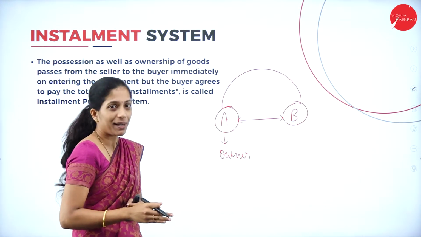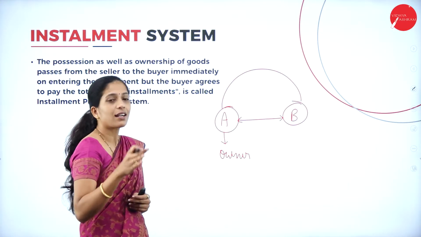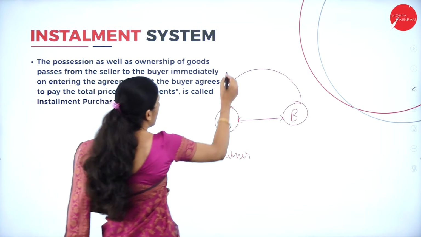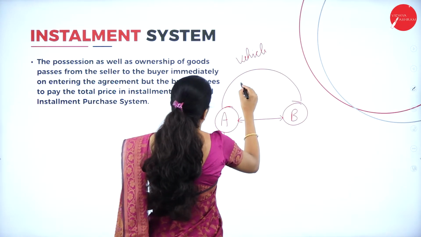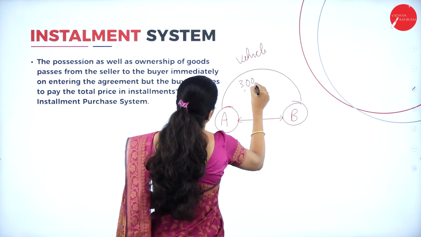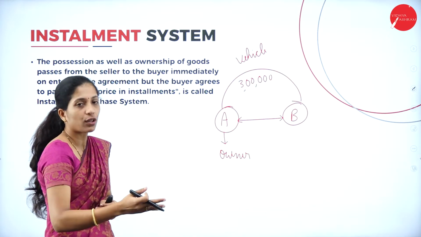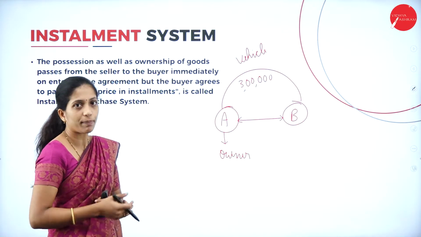On the date of agreement, that is on the date of transfer of goods, B will pay a certain percentage of the total cash price. For example, if the asset is a vehicle and the total cash price of the vehicle is 3 lakh, on the date of transfer of the goods B will not make the whole 3 lakh payment.